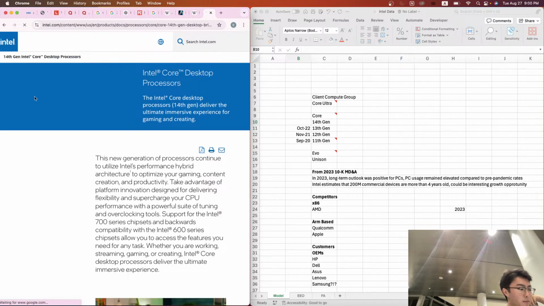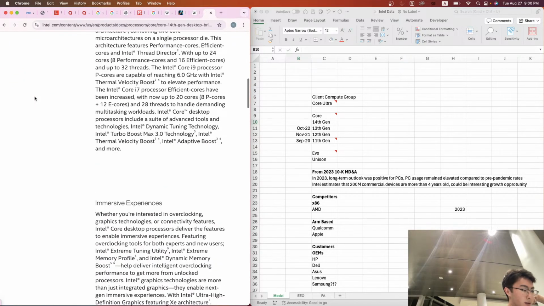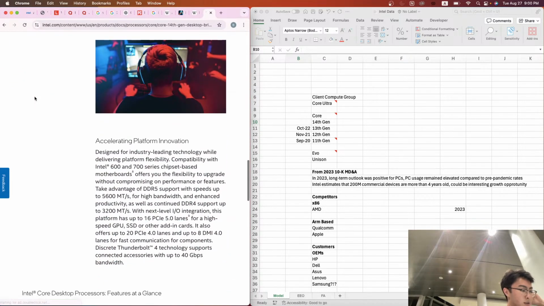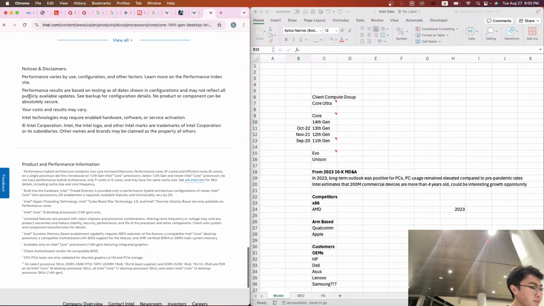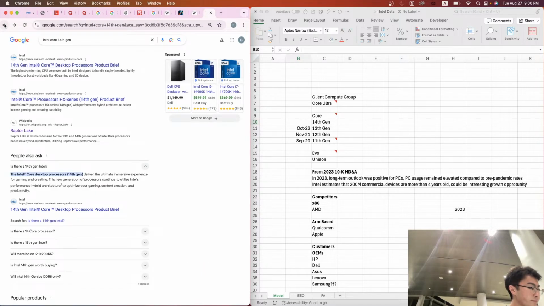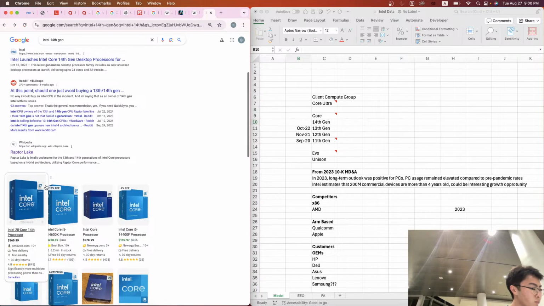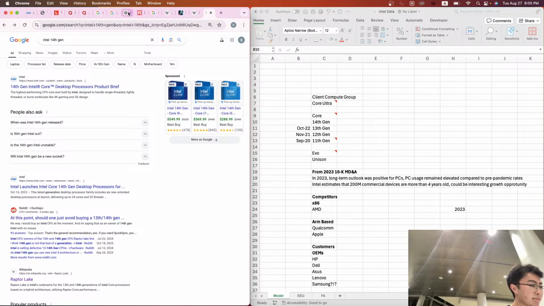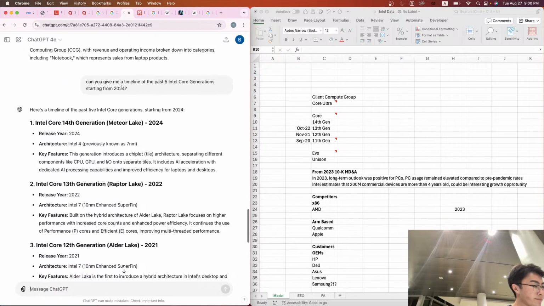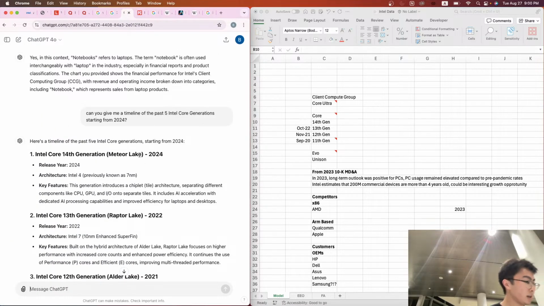Core Ultra maybe then? So I guess Meteor Lake?